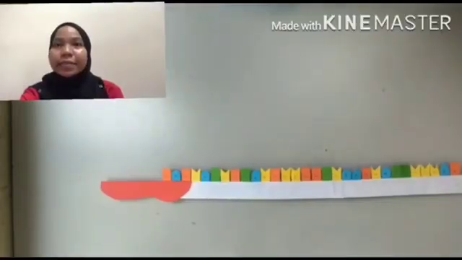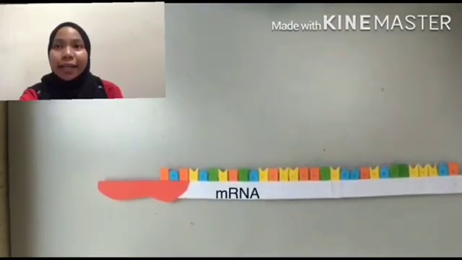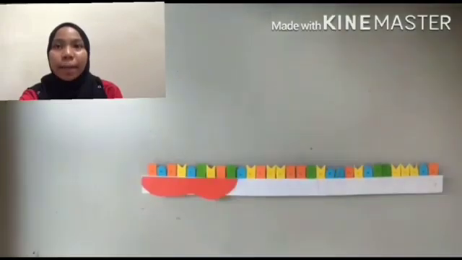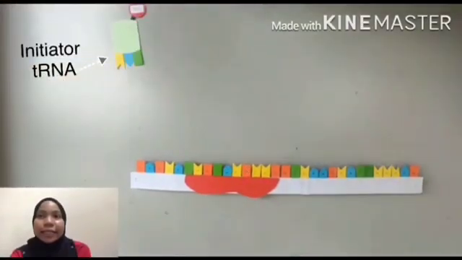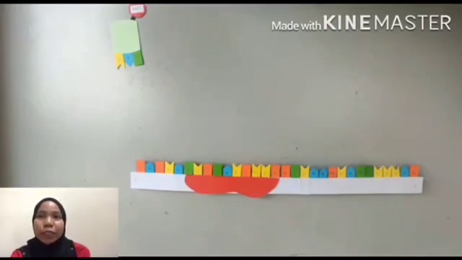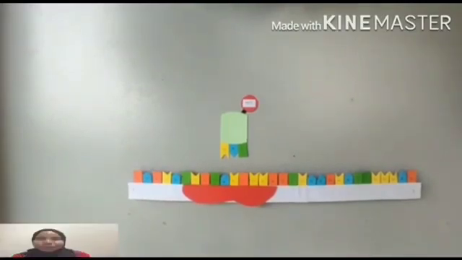In the initiation process, the small ribosome subunit binds to the mRNA and reads along the mRNA until it reaches the start codon, which is AUG. Then, the initiation tRNA with anticodon 3' UAC 5' base pairs with the start codon on the mRNA.